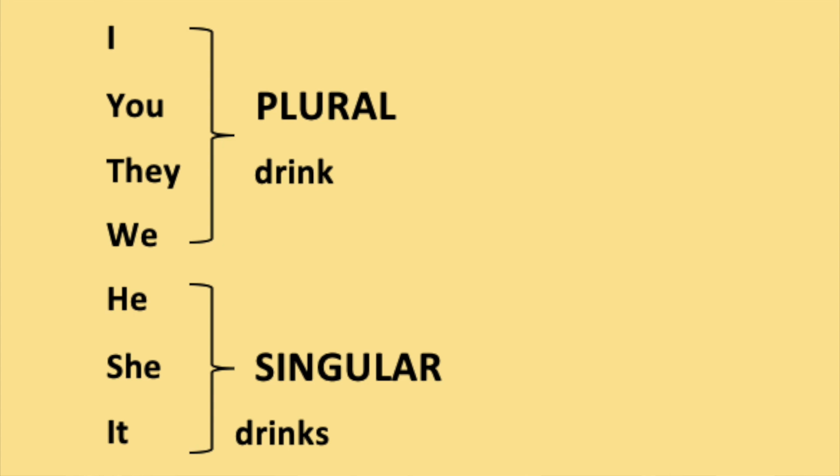I mean if the subject is he or she or it. Okay. Then if the first person plural, we should write we drink. If the second person plural, we should write you drink. If the third person plural, we should write they drink.